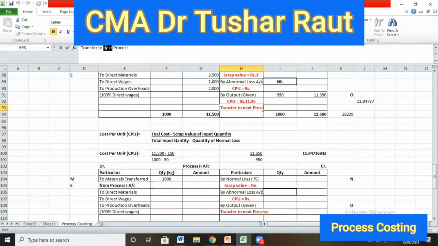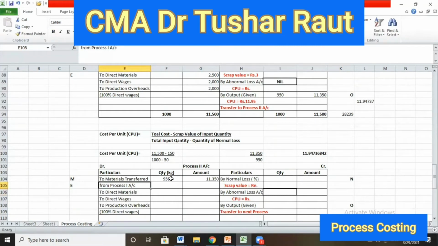I will write over here transfer to process 2 account. So this is how we need to transfer from one process, output of one process that was 950 at 11,350. So the value was 11,350. Quantity and value you can say. So this is how we calculated.